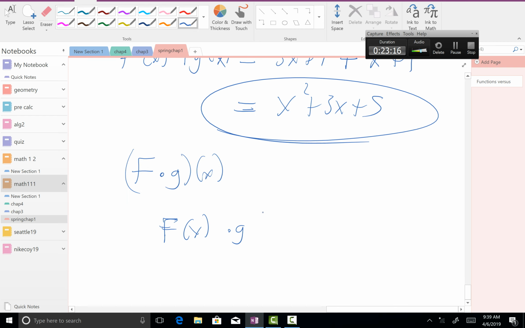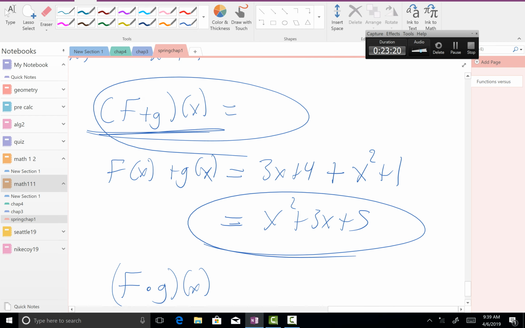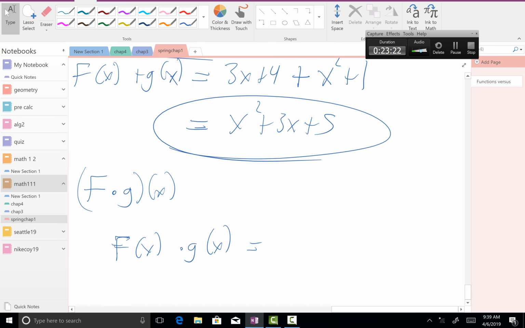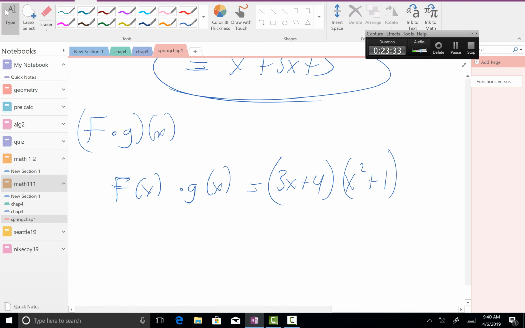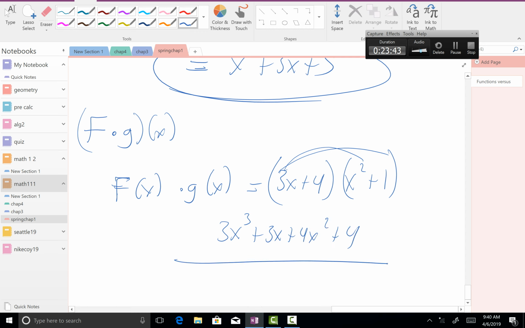And this is where we're going to FOIL. And you were right. So let's see, I've got x plus 4 times x squared plus 1. That's where we would FOIL. So you'd want to FOIL it and get the answer. Ta-da, there it is.